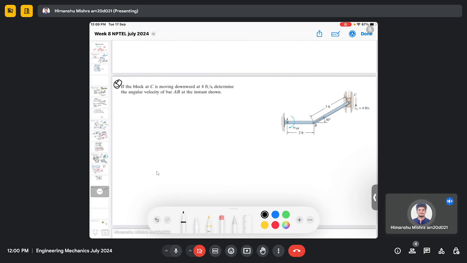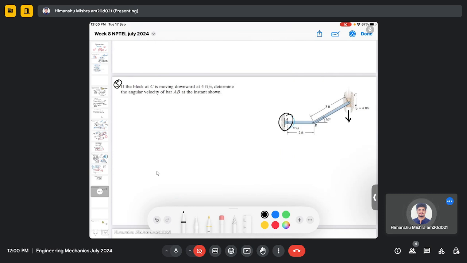So here we have a block. If the block at C is moving downward at 4 feet per second, determine the angular velocity of bar AB at the instant shown. So this block C is moving in the downward direction, and as it is moving downward, we need to find the angular velocity of it.